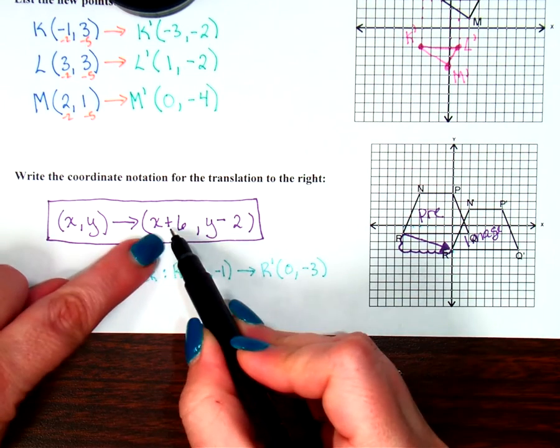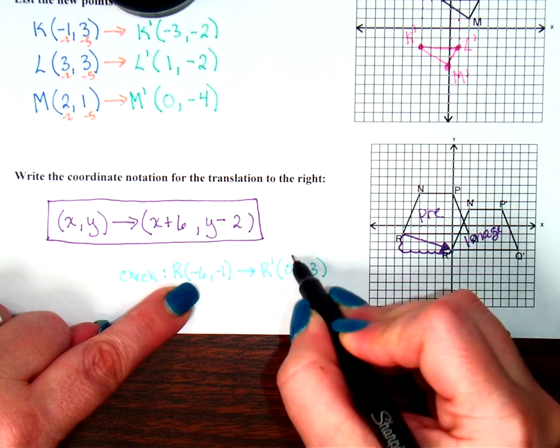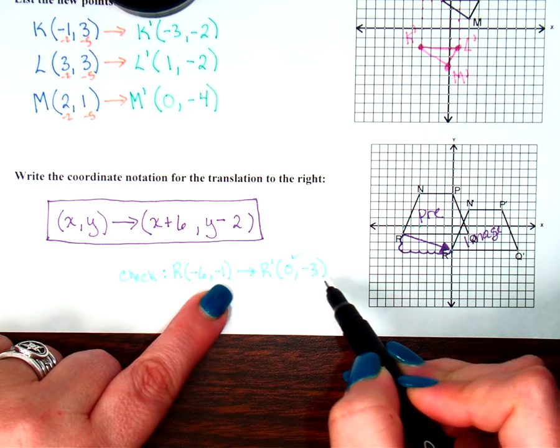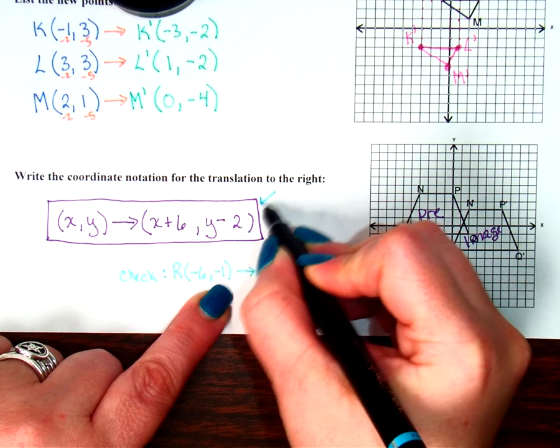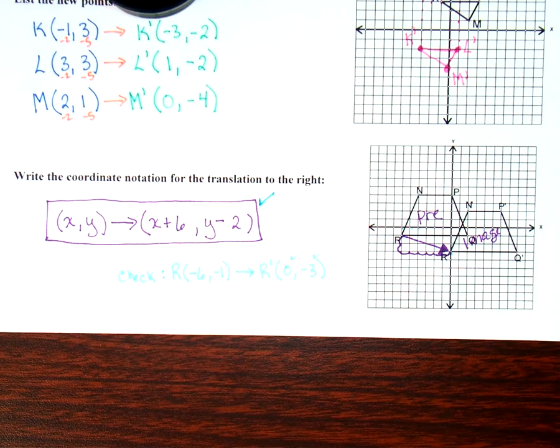So let's see. X plus 6. If I do negative 6 plus 6, that does get me to 0. And then y minus 2. Negative 1 minus 2 does get me to negative 3. So I can feel confident that I did my coordinate notation correctly.